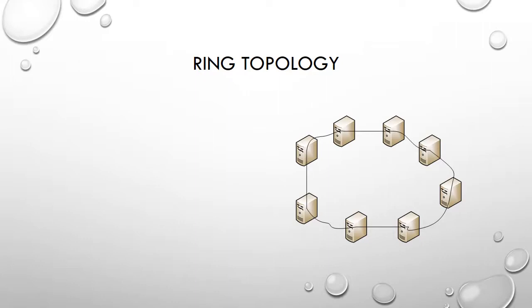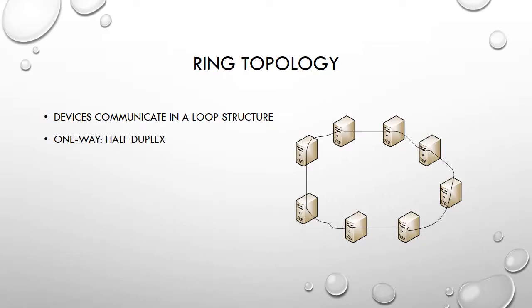Alright, in a ring topology, devices communicate in a loop structure. I've got a picture to the right. I know it's a messy ring, but hey, maybe it's more realistic. Now, traffic only travels one way, so since you are only either sending or receiving traffic, it's half duplex.